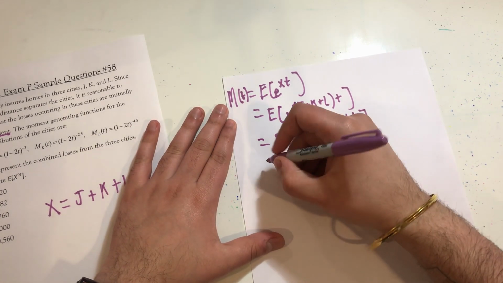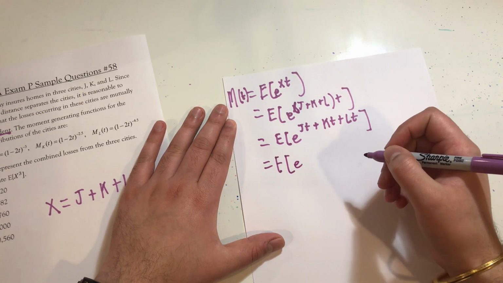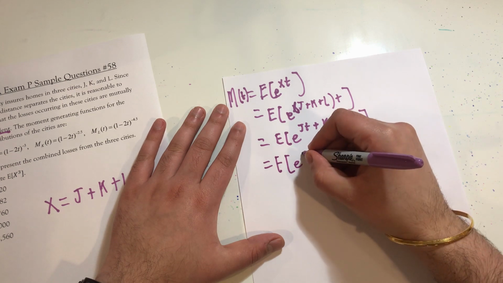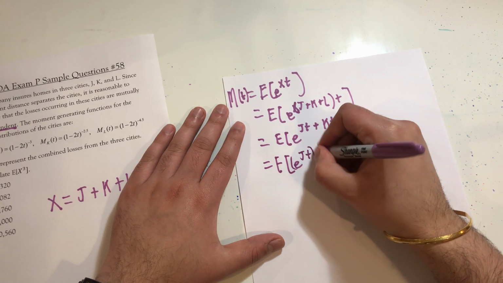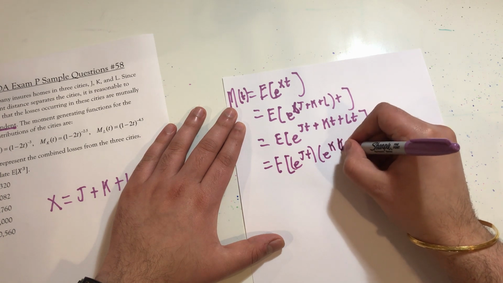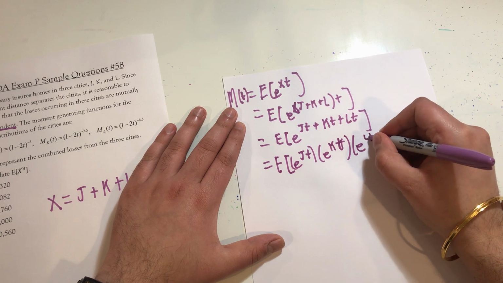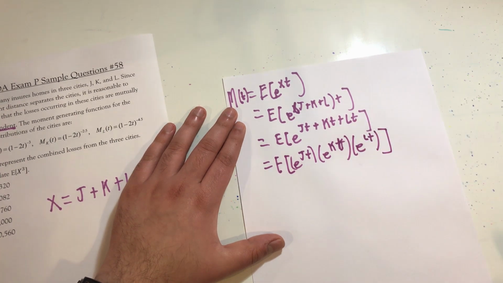I'm going to write one more line in between; this is actually just some algebra. This can become e raised to the jt multiplied by e raised to the kt multiplied by e raised to the lt.